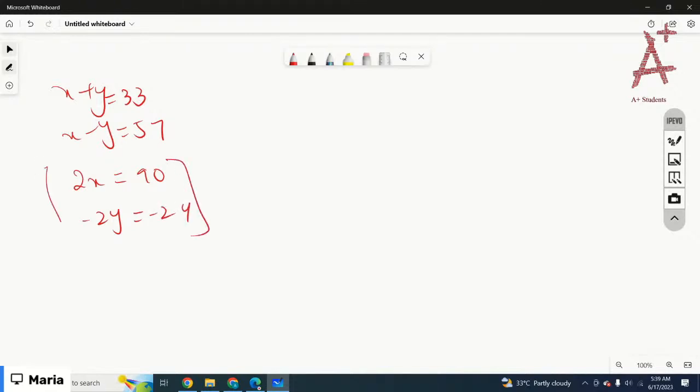Got it? These are the two equations. So from this equation, x equals 45, and from this, y equals 12. Got it? So that is the solution of the system.